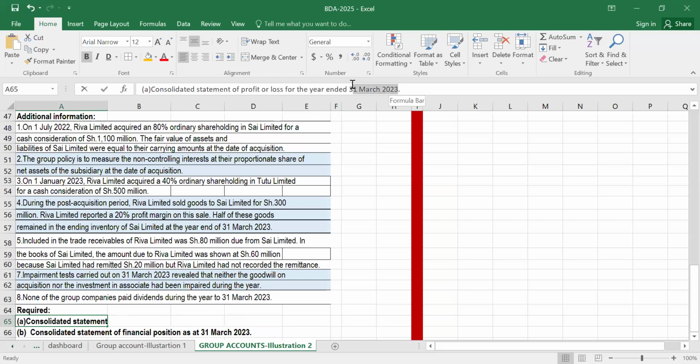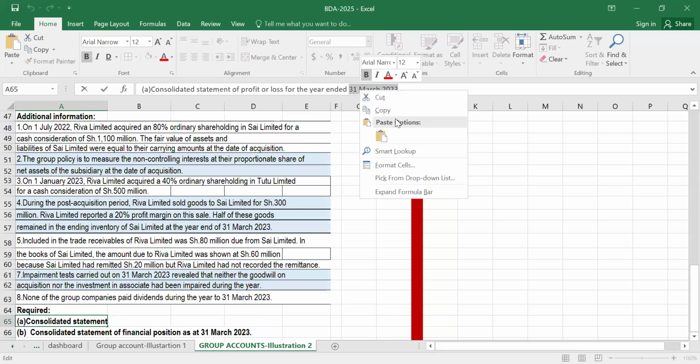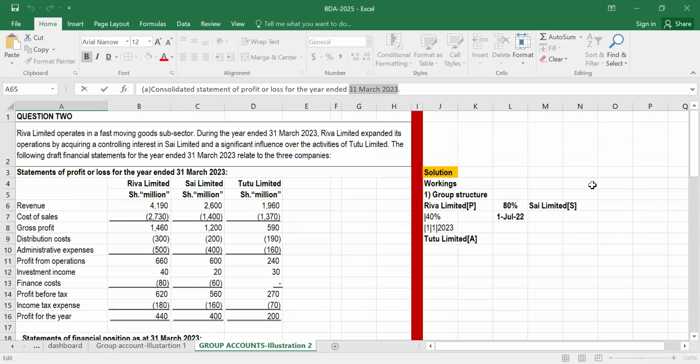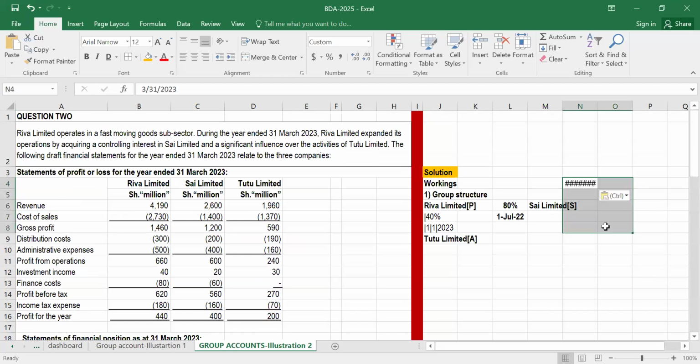So this is the date when the current year was ending, which means this year started on 1st of April 2022.